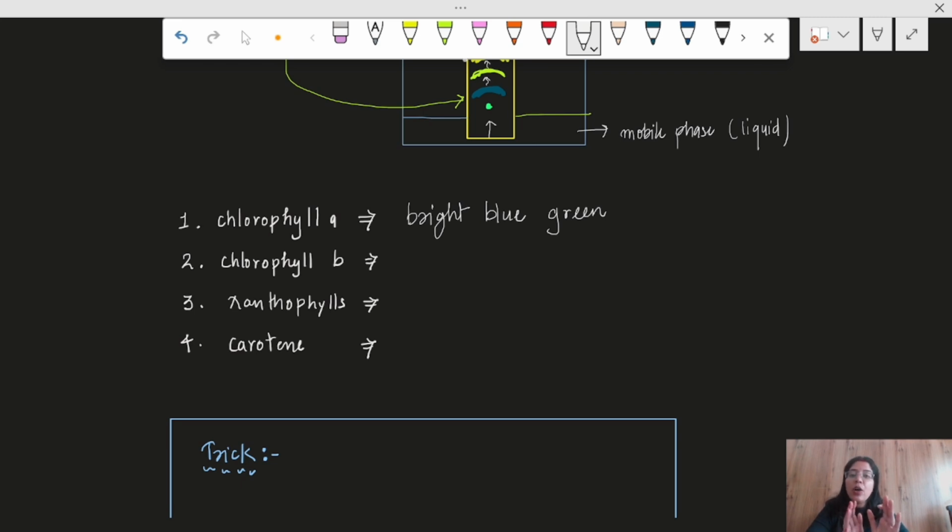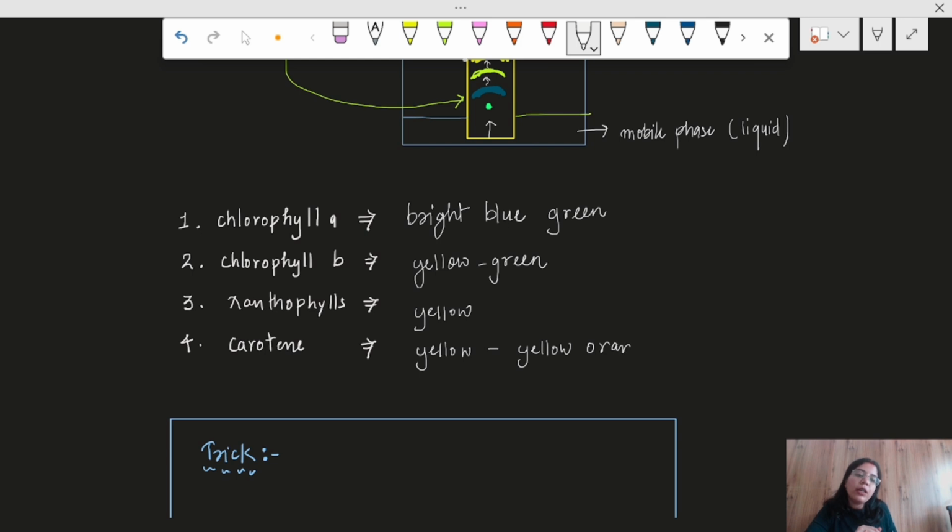Chlorophyll B was yellow green. Xanthophyll was yellow, right? And carotene, yellow to yellow orange.